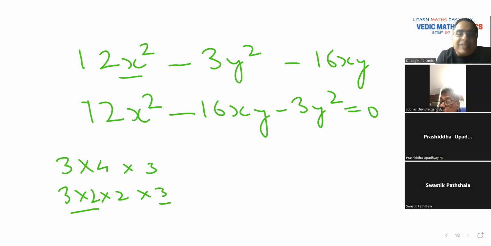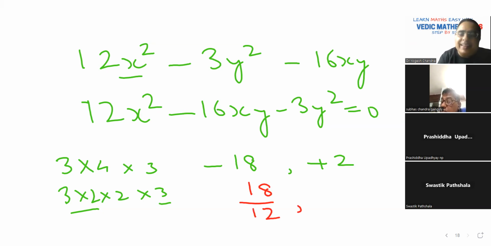Correct. So that means minus of 18 and plus of 2. Correct. 18 into 2 is 36 and minus 18 plus 2 is minus 16. Up till here, any doubt? Now, what we have to do is reverse the sign and finish.